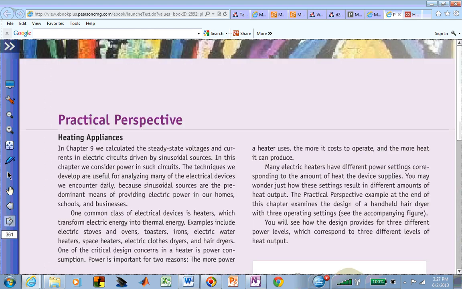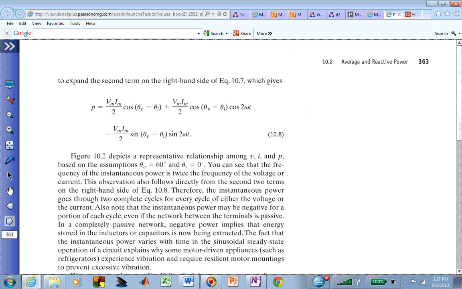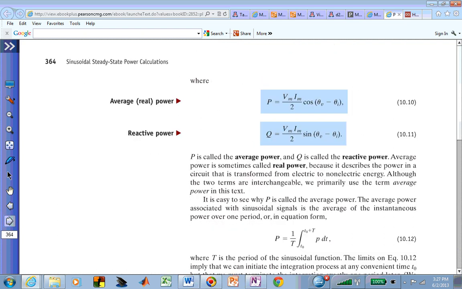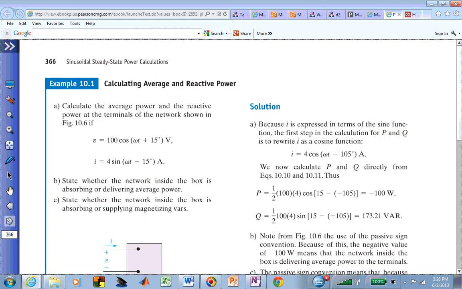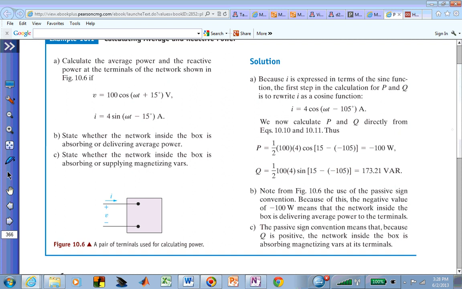When you come upon an example, for example 10.1, start following what they're doing in their solution, maybe even writing that down and making sure that you're clear on where all these numbers are coming from so that when you get to your homework problems, it's not as far of a leap to actually produce solutions for your homework problems.